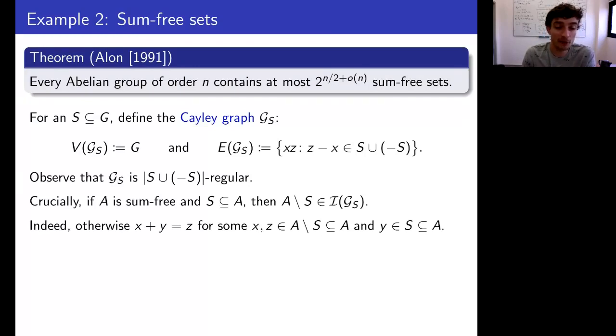So A sum-free and S in A implies that A minus S is an independent set in this Cayley graph generated by S.